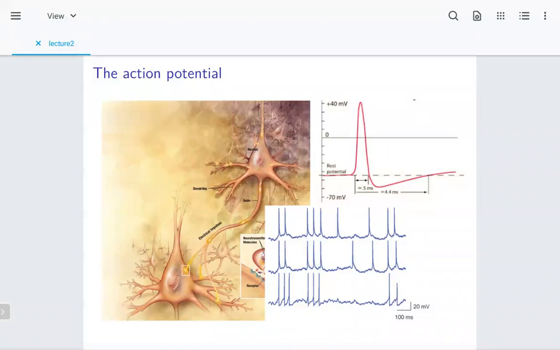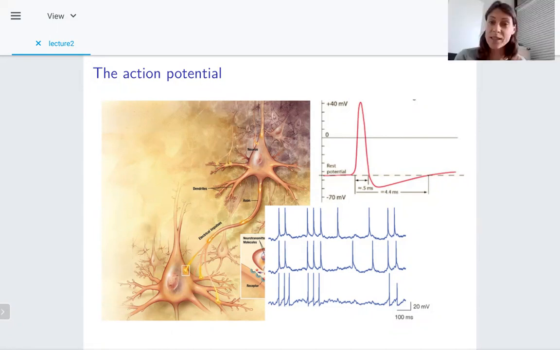Typically this type of voltage trace shows spikes or peaks that, when we zoom in, have this shape shown here in red, and they are called action potentials. When a neuron is showing a train of these spikes, we say that the neuron is active.